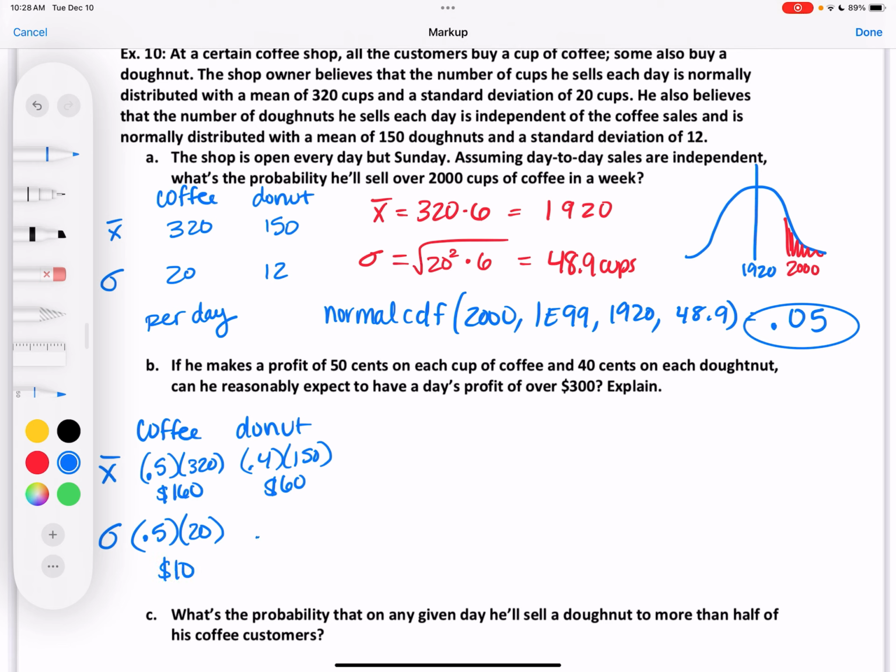And donut 0.4 times 12 is $4.80. So now I can do the expected value, which is to add up these two values here. So the expected value, X bar, is 160 plus 60, which is going to be 220.